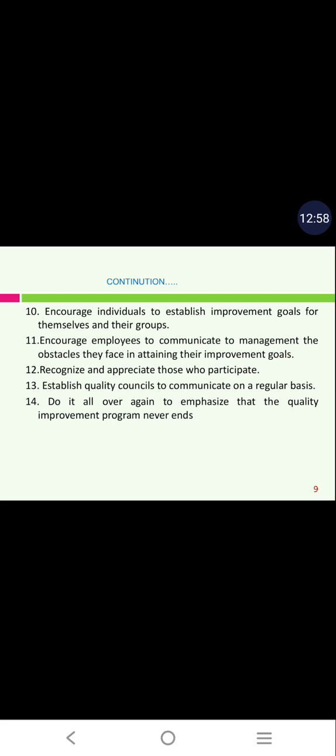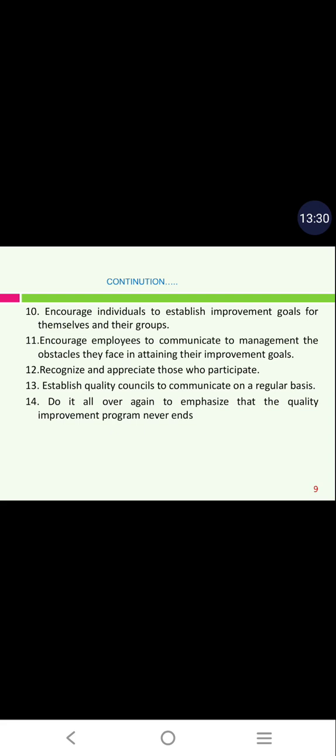The quality council should meet on a regular basis to discuss the problems related to quality and how to rectify the problems. So he means to say that establish quality councils to communicate on a regular basis, so that they can discuss the problems related to quality of a particular product, and they can also find solutions for those things.